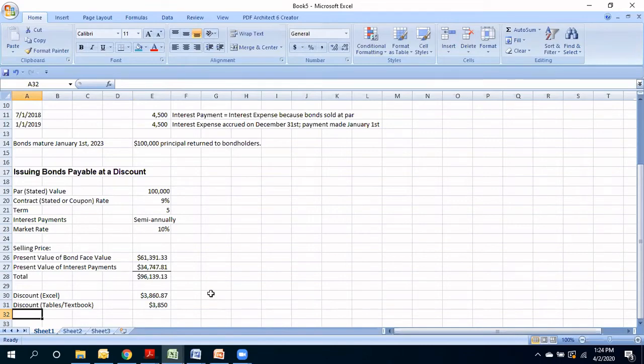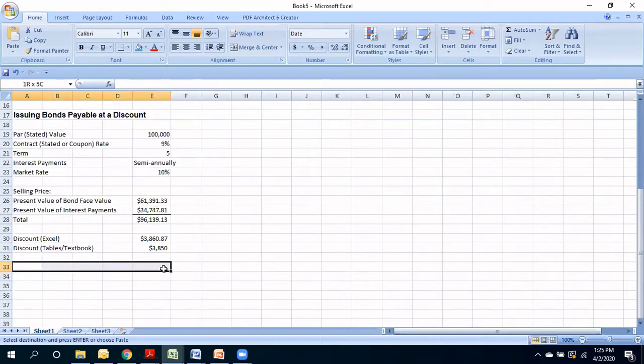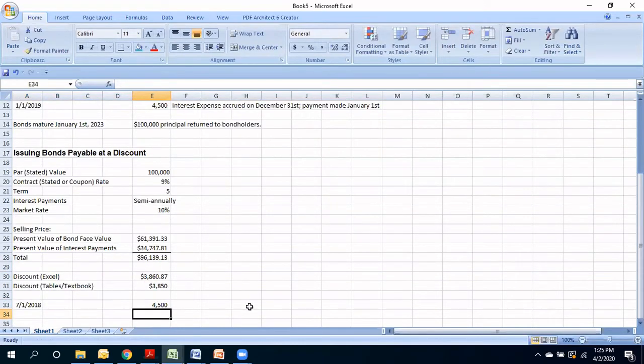This discount that we just calculated represents additional interest expense that Southwest will record over the next 5 years. All right, how does that work? Well, we know that on July 1st of 2018, Southwest is going to pay $4,500 to its bondholders.